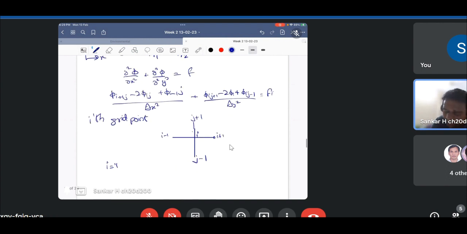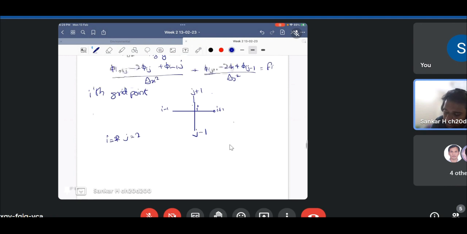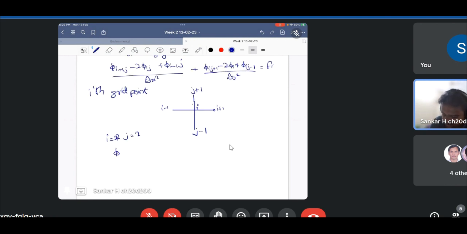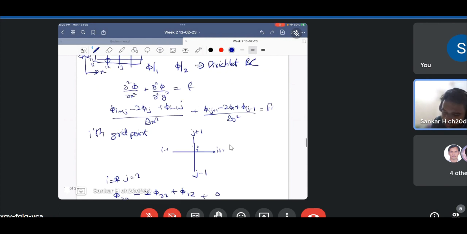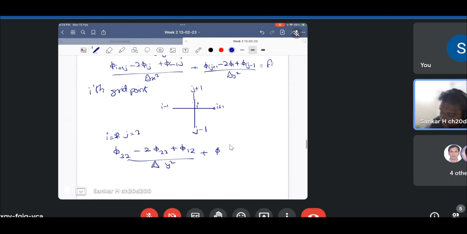So solving it at i equal to 2, j equal to 2, we get phi 3 2 minus 2 phi 2 2 plus phi 1 2 divided by delta y square plus phi 2 3 minus 2 phi 2 2 plus phi 2 1 by delta x square should be equal to f 2 2.